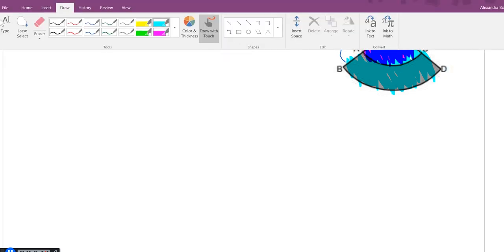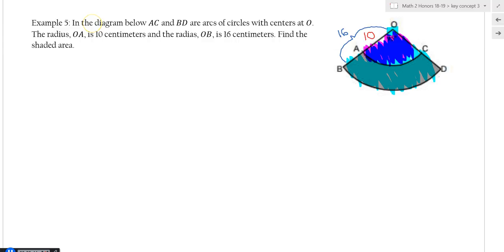Okay, so let's start by finding the larger sector. Sector area equals theta over 360 times pi r squared. Our angle is 95 over 360 degrees times pi times 16 squared.